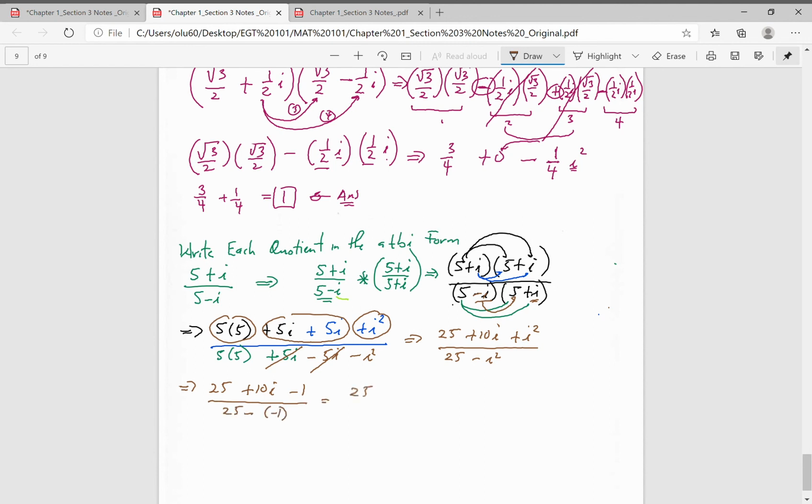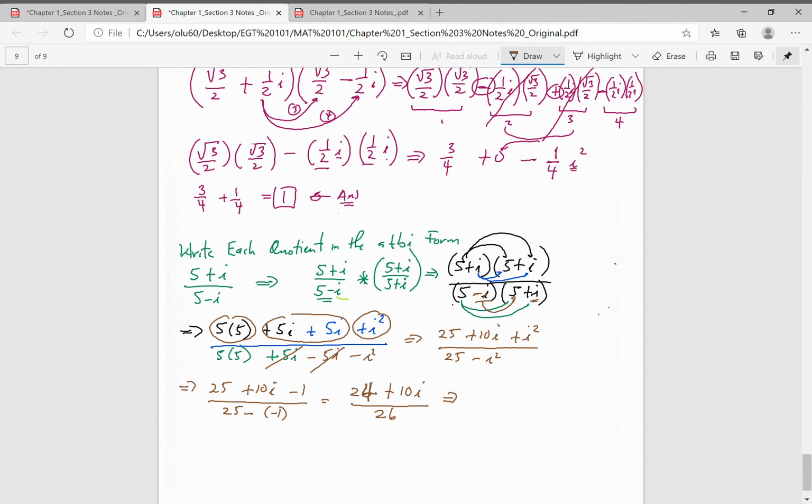Sorry, that would be 24 plus 10i divided by 26. Let me erase this part. So 25 minus 1 gives us 24.